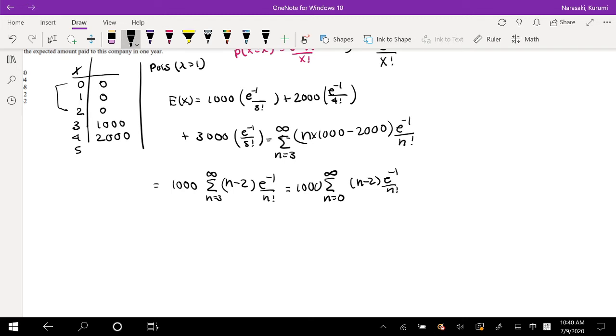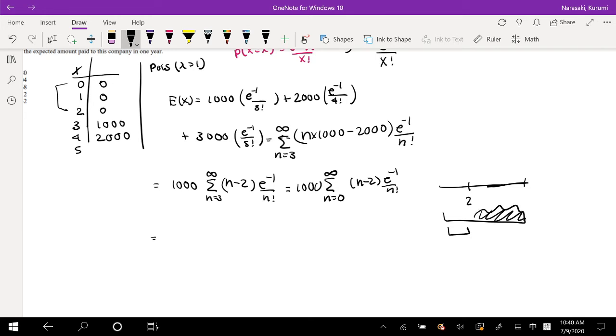But then another problem occurs. Because we shifted over by 3, the value at 2 is 0, and that's not technically true. It's saying that the value at 5 is technically equal to 0, which we know is not true. So to combat this problem, what we're going to do is go from 0 to infinity, minus the 0 to 2 part, so we get what we want, which is this part right here.